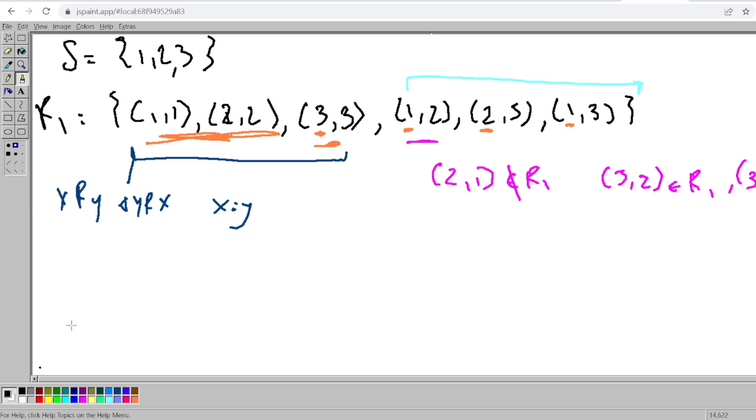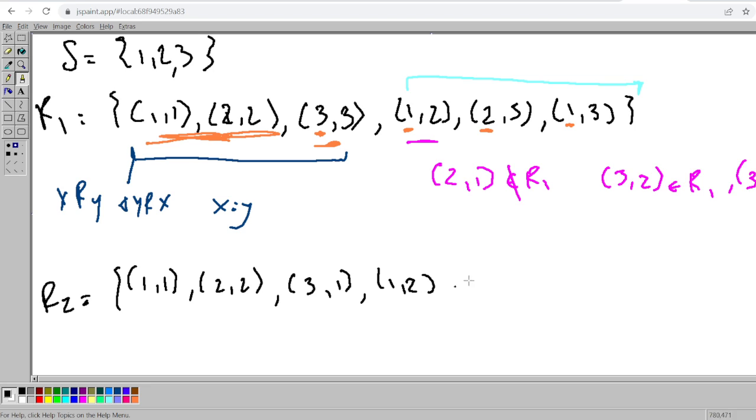And we have space for one more, so we can do R2 is equal to 1, 1, 2, 2, 3, 1, 1, 2. So it is not reflexive, it is symmetric, it's not anti-symmetric, and it is transitive.